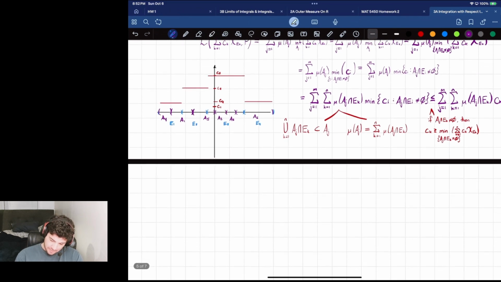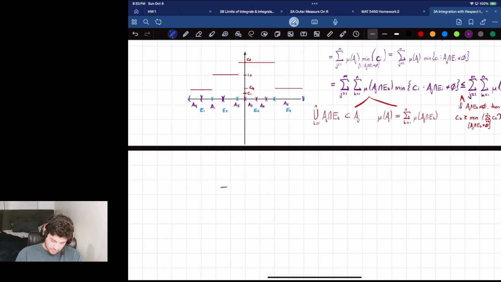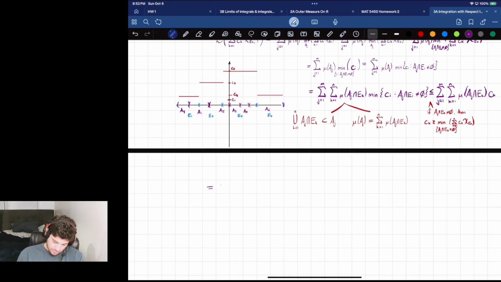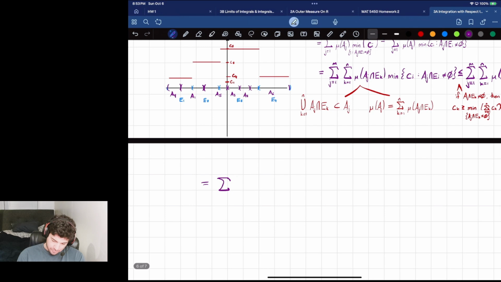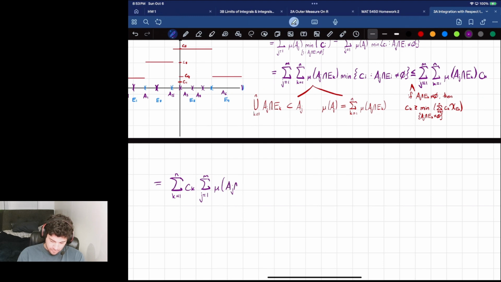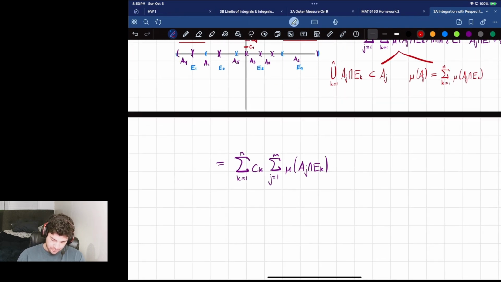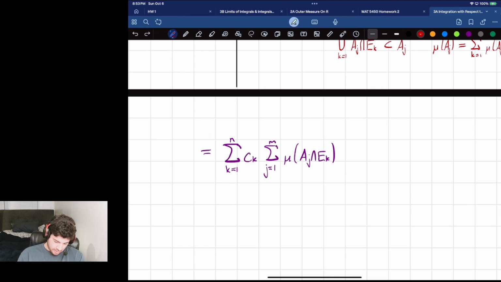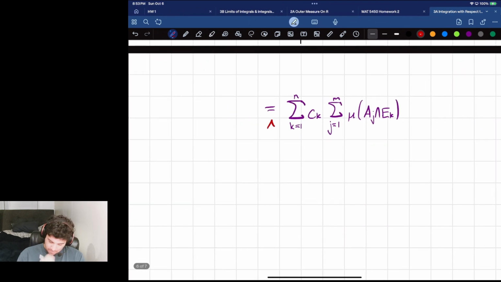And so this becomes, and this is because we can switch the order of the sums.